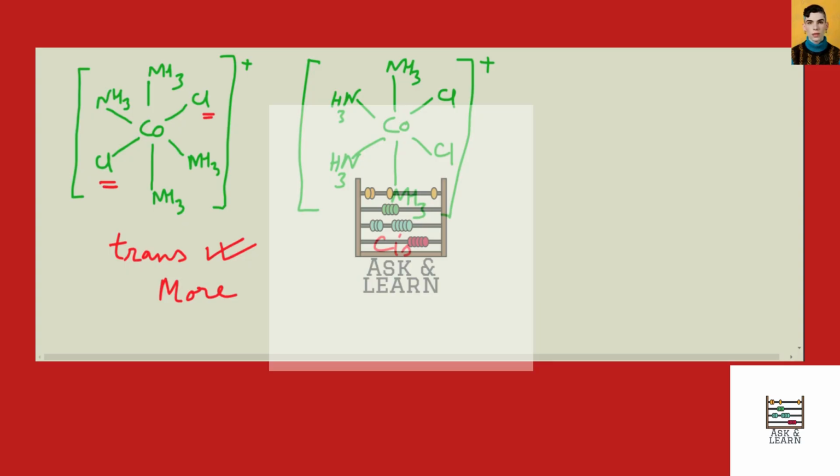Here what happens in cis, 2 negative chloride ions are adjacent to each other. This one, they are adjacent to each other, so repulsion will be more and stability will be less in this case. So cis isomer is less stable.